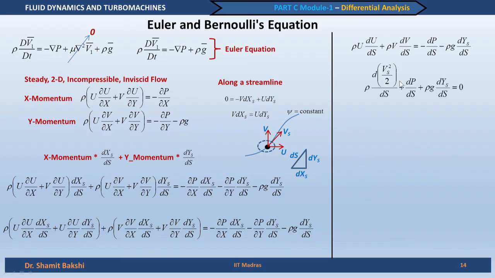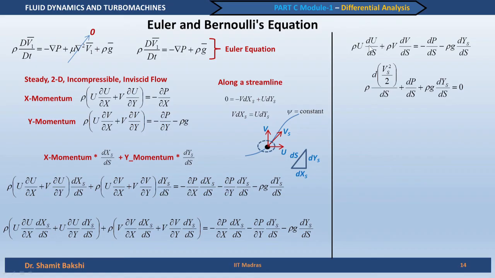For integrating this, if you club these two particular velocity terms, what you get is essentially d of, so this u du is actually d of u square by 2, and v dv, just by the rule of derivatives, is d of v square by 2.